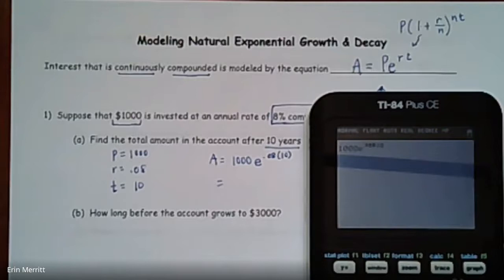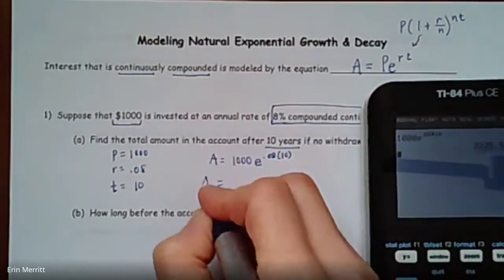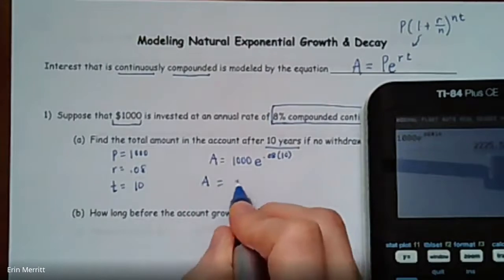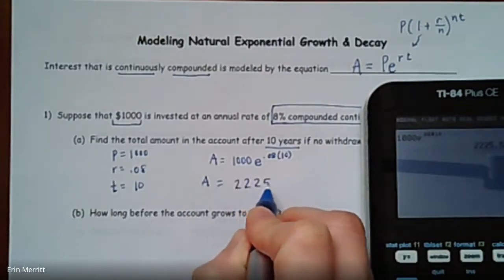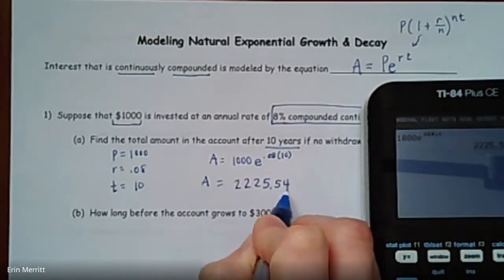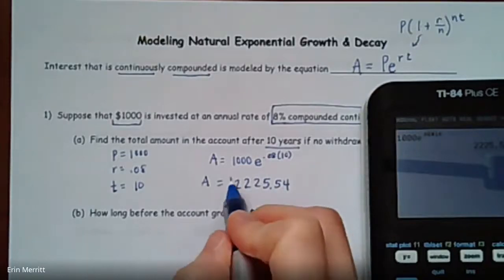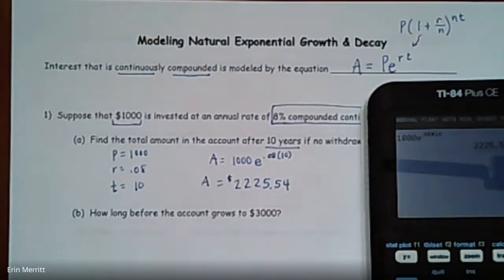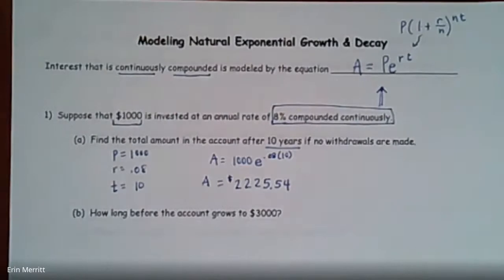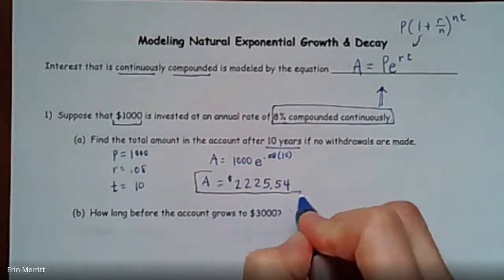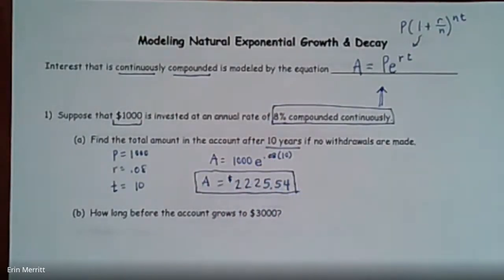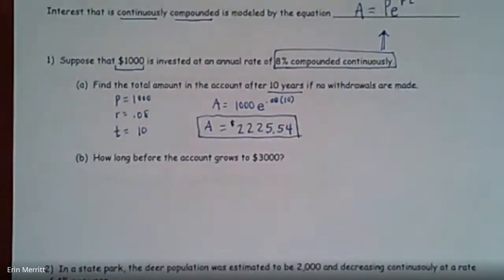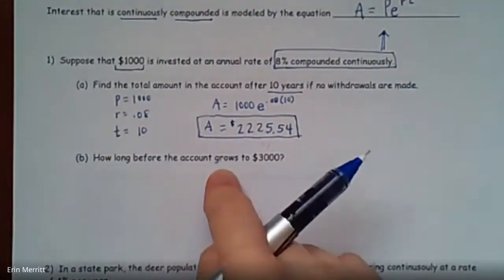So that means that if it's compounded continuously, you would end up making a lot of money right here. That more than doubles your money in 10 years. It's the idea that at every moment of the day, they are calculating that new interest. It's the most you could possibly make, which is kind of nice. All right, last part. How long before the account grows to 3,000?